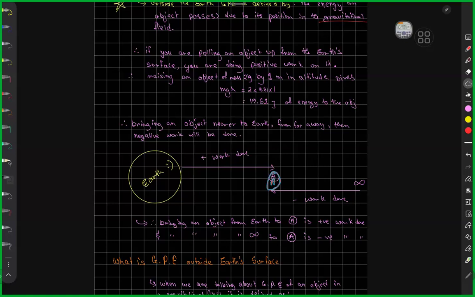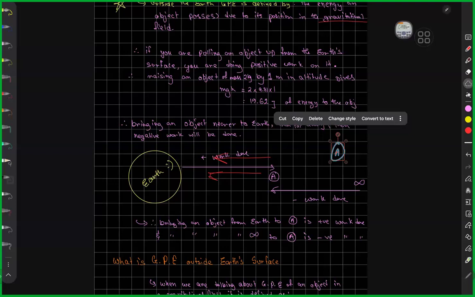object A from this middle ground to infinity, what did I tell you guys? I'm pushing it. There are field lines, my friend, towards the Earth. And I am working against that field and transferring my mechanical energy to A and then pushing it away to infinity.